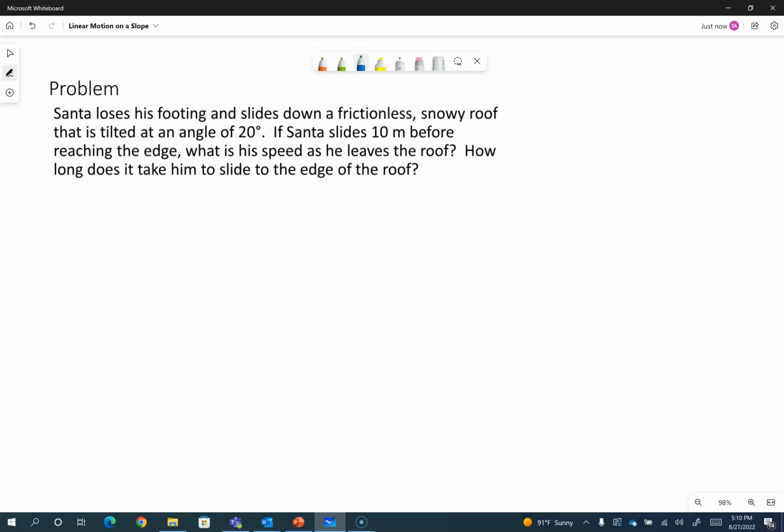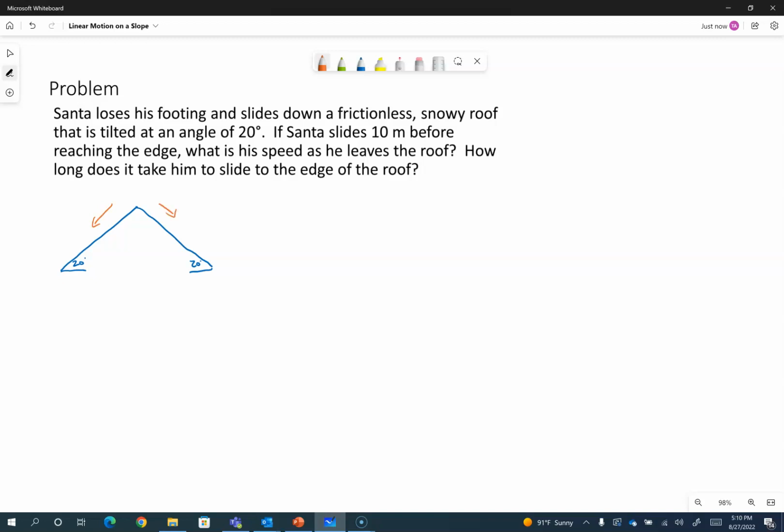Now, we could totally draw the roof on either side. When they say the roof is tilted at 20 degrees, we're implying either side. It does not matter if we have Santa sliding down to the left or down to the right.